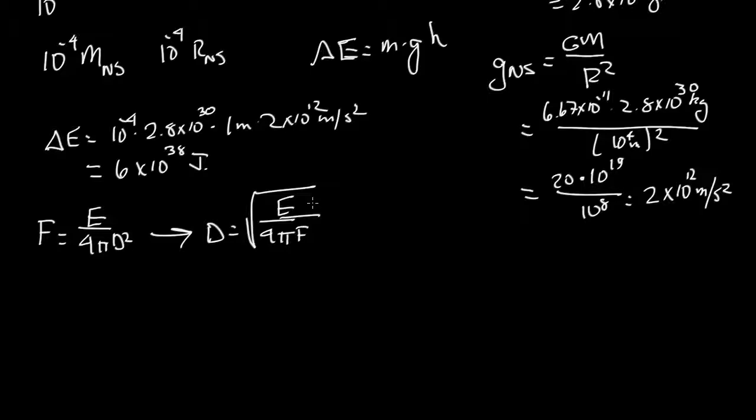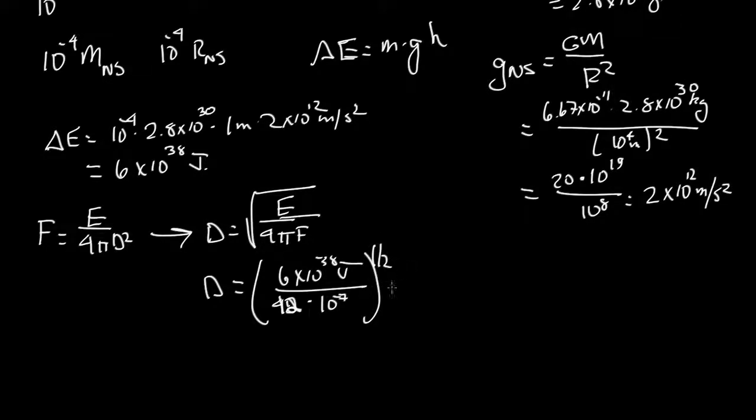So if we have an object that puts out this much energy, and it has this fluence, we can calculate its distance as being its energy, which we've just calculated as 6 times 10 to the 38 joules, divided by 4 pi, which I'm going to call 12, times the fluence, which is 10 to the minus 7. And that's all to the 1/2 power.